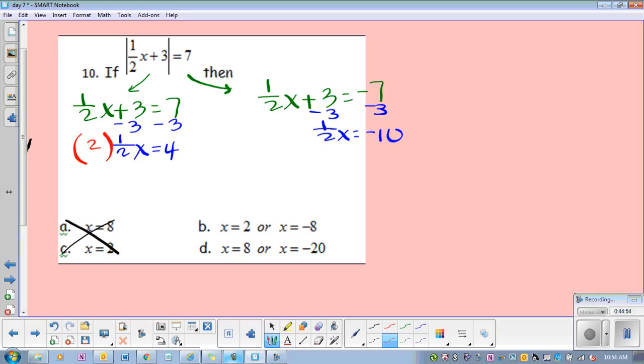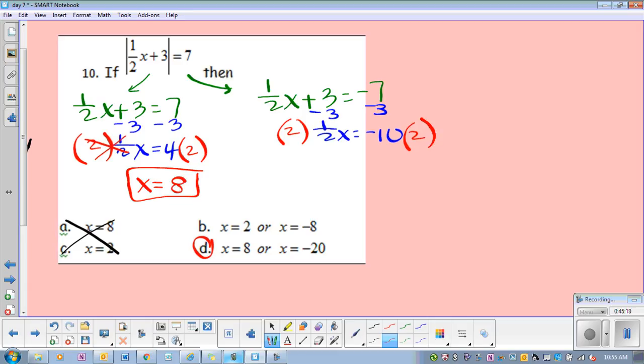Whatever you do on one side, you do to the other side. So then that basically gets rid of that. And then you have x equals 8. Oh, just by that alone, I know it's D because D is the only one that has x equals 8. But just for fun, I'm going to solve the other one as well. Multiply it by 2. x equals negative 20.